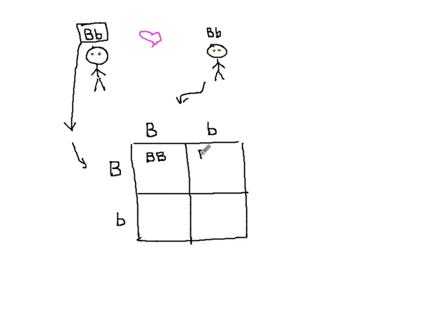Remember, you write the capital letter first if there is one, or the dominant first, so big B, little b. Down here we have little b from dad, big B from mom, but we don't care which parent they came from. We always put the dominant first. So we'd still write big B, little b.